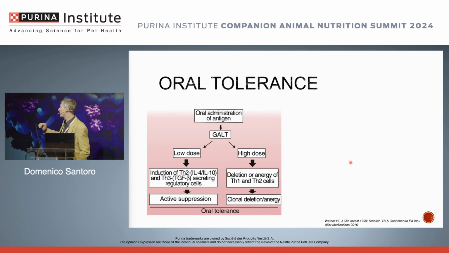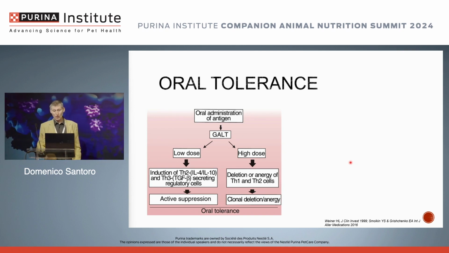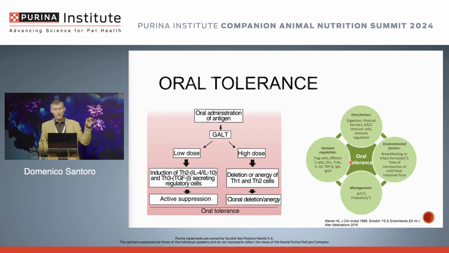So we have low-dose antigenic stimulation and high-dose antigenic stimulation, and both of them end up with active suppression or clonal deletion and anergy as a mechanism of oral tolerance, which is driven by, again, a multitude of factors. So we have host factors, immune regulatory factors, environmental factors that we have listened to so far. So it's all these pieces together that are able to induce a tolerogenic environment normally. That's why we don't react to every single food that we come in contact with.